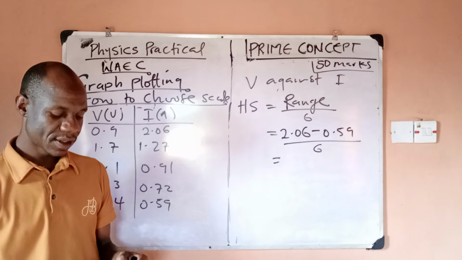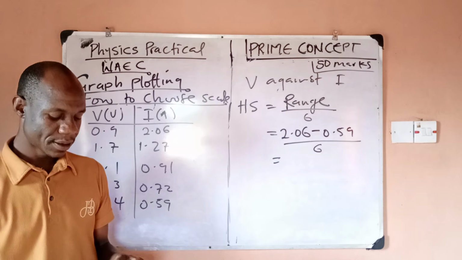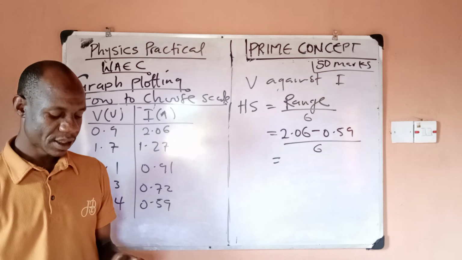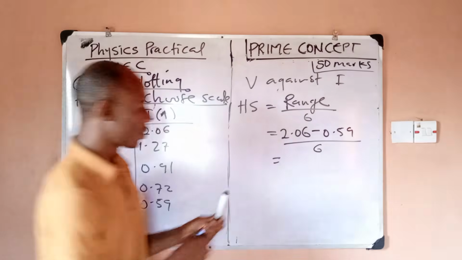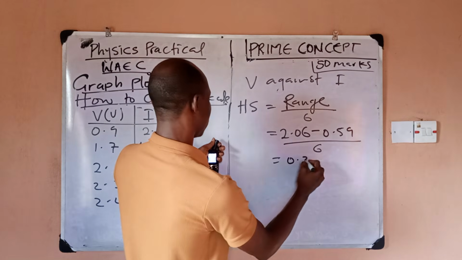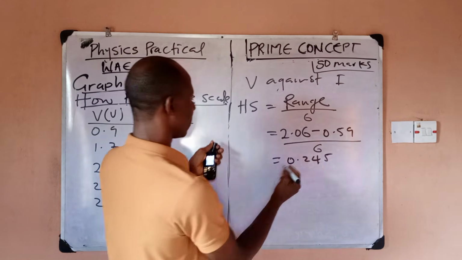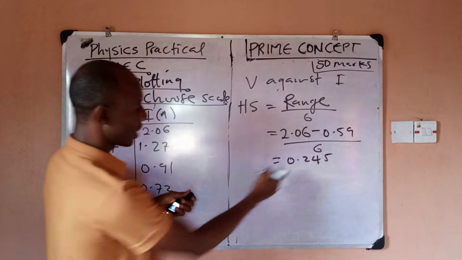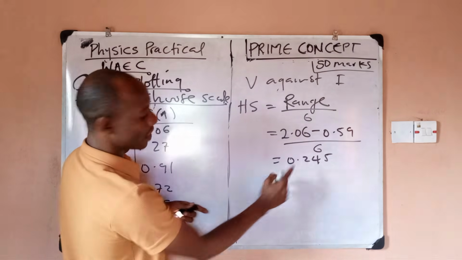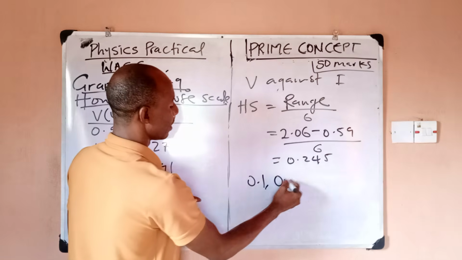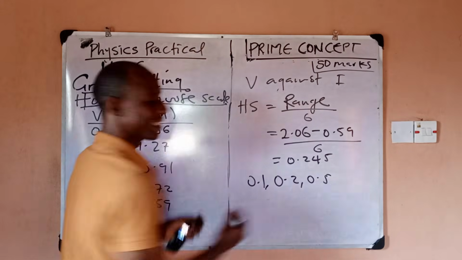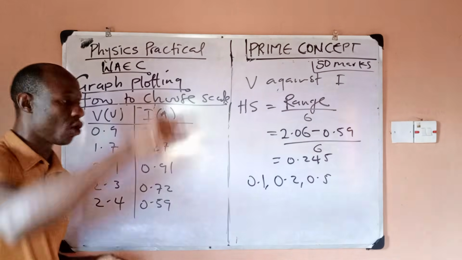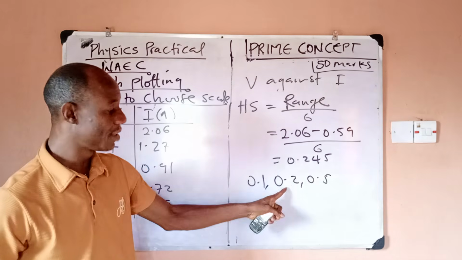2.06 minus 0.59 divided by 6. This would give me 0.245. This is what this would give me. Yes, I hope I punched it. Now if I compare this to my magic numbers, taking your answer forward, this is what you got, which is already bigger than this.